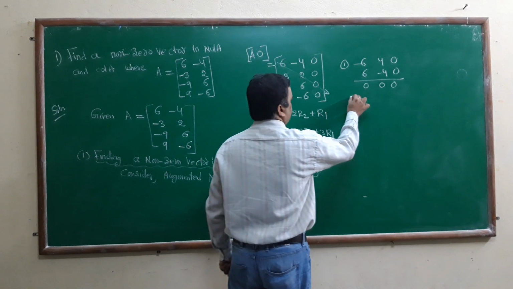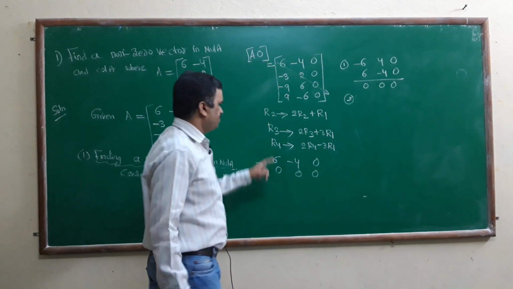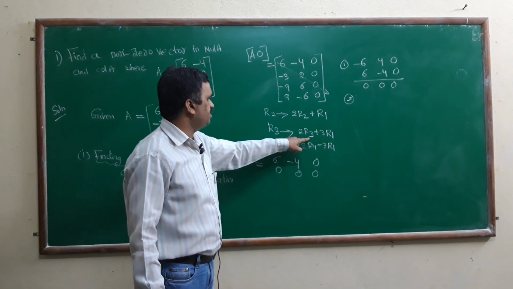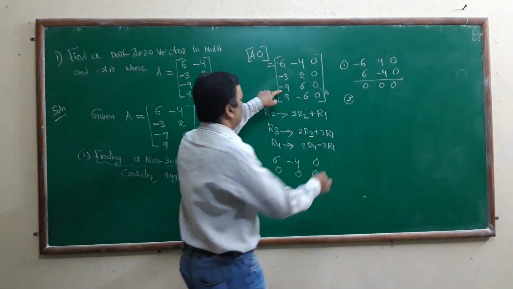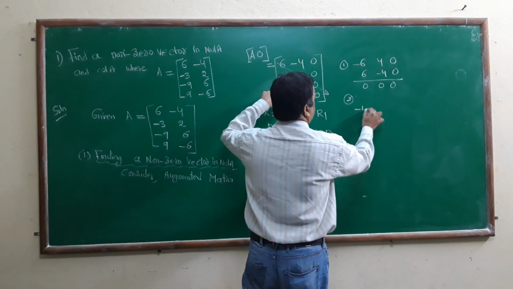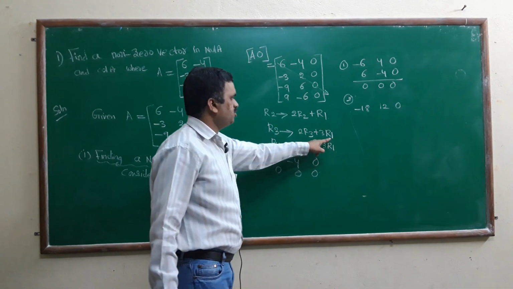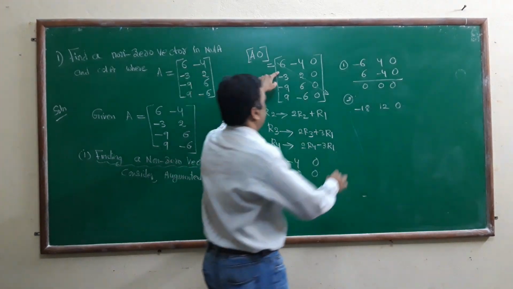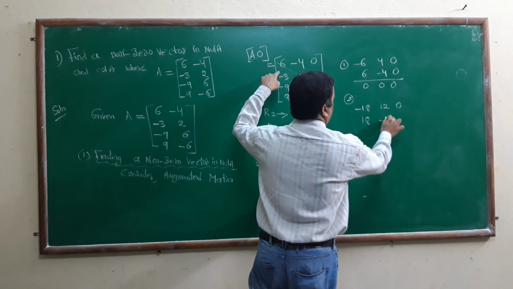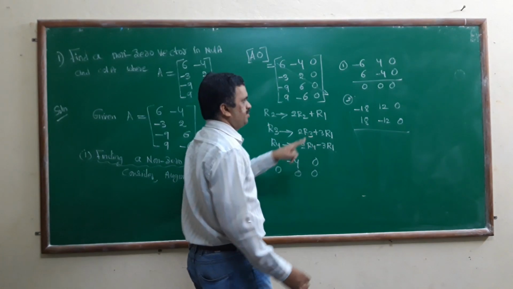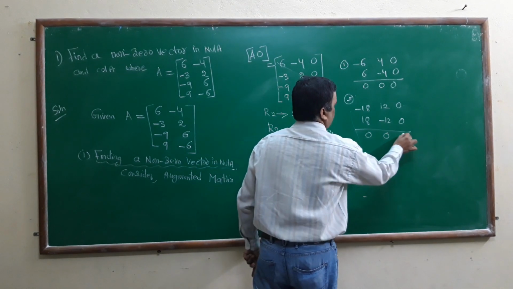Now we go for another operation: 2R3 plus 3R1. Multiply the third row by 2, which gives -18, 12, 0. Add 3 times the first row: 18, -12, 0. Adding gives 0, 0, 0.